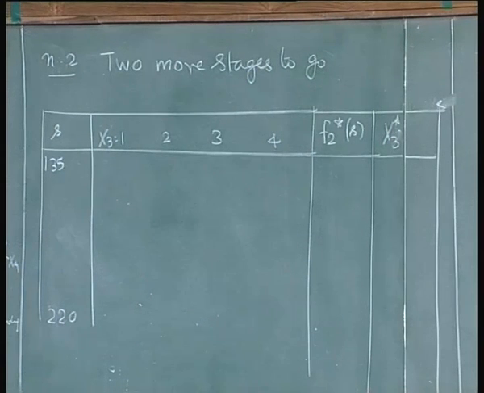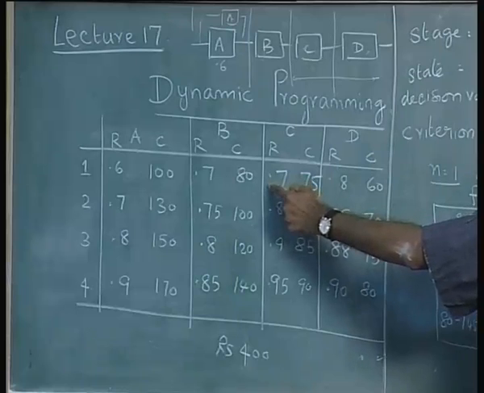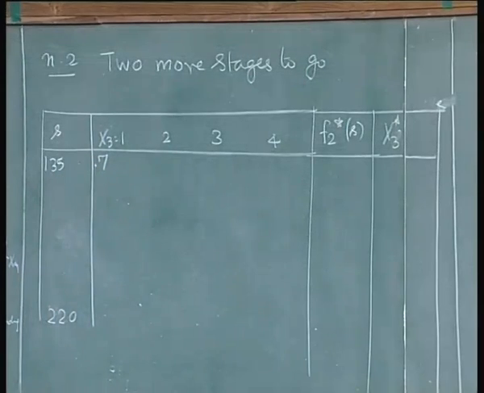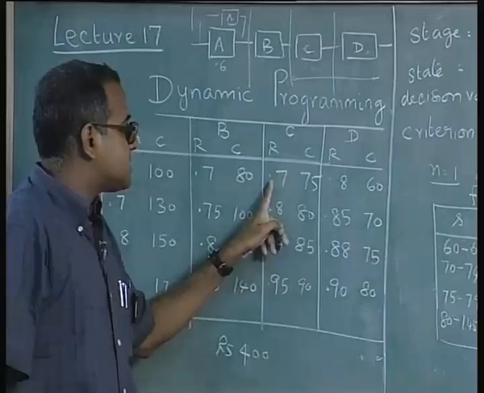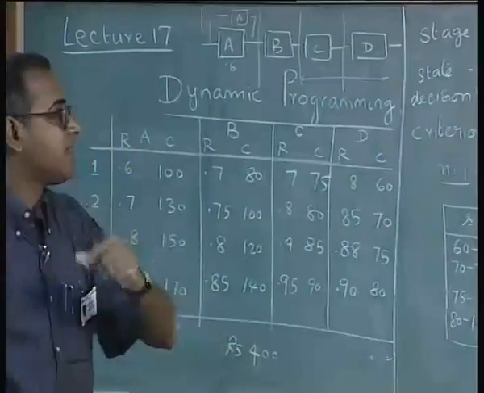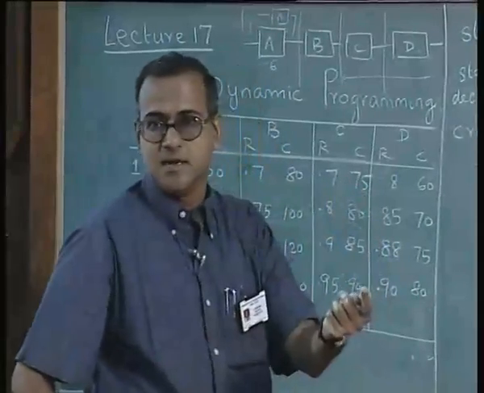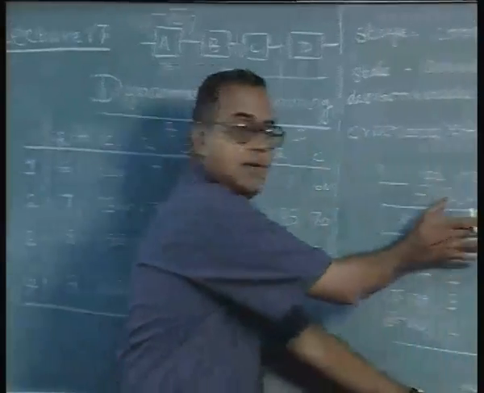Now let us complete this table. Now when I have exactly 135 here and I buy x3 equal to 1, so x3 equal to 1 gives me a reliability of 0.7, and I spend 75 on this. So the balance money that I have out of the 135 is 60, 135 minus 75, which is 60, which I carry to the next item.